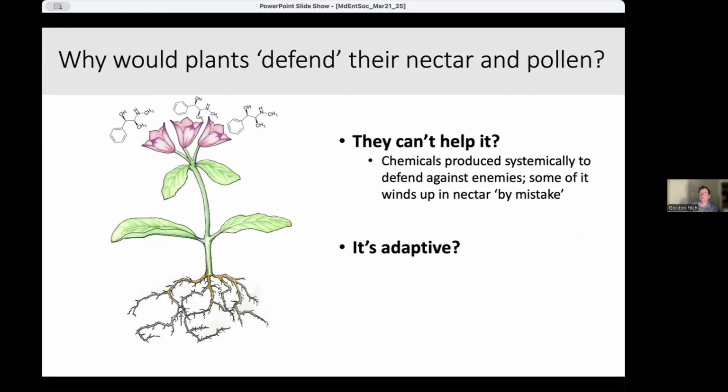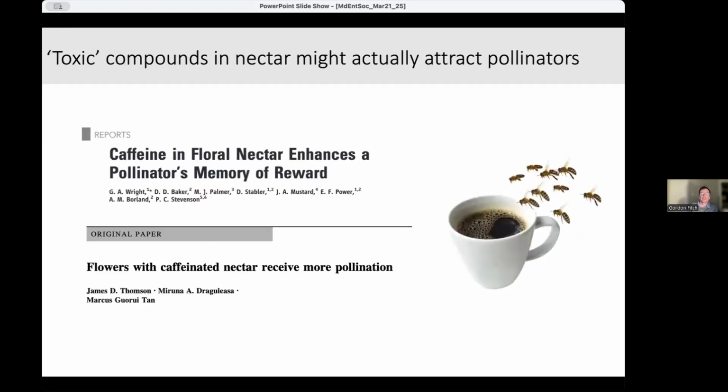And so how would that work? Well, there's growing evidence that these toxic compounds might actually attract pollinators. The best evidence we have for this is with caffeine.